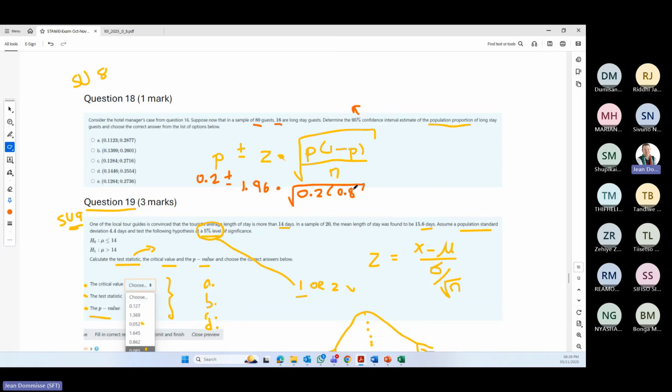Okay, so let's quickly check that and just make sure that the sample. So 0.2 times 0.8 was again 0.016 divided by 80. We're actually working out that standard error again, if I'm not mistaken. So 0.0447.